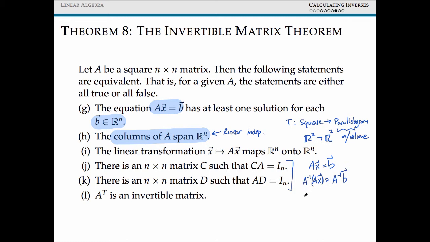This A inverse times A, after using our associative property for matrix multiplication, is the identity. So we're able to recover a fixed solution to one of these matrix equations using inverses.